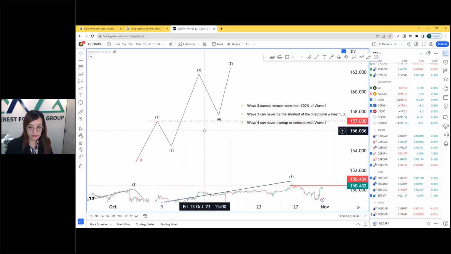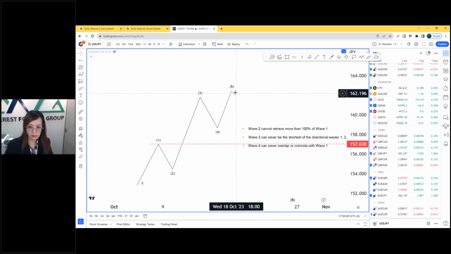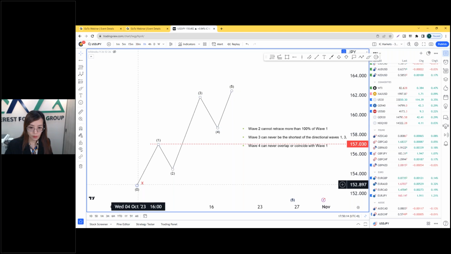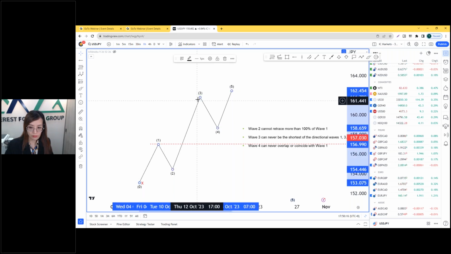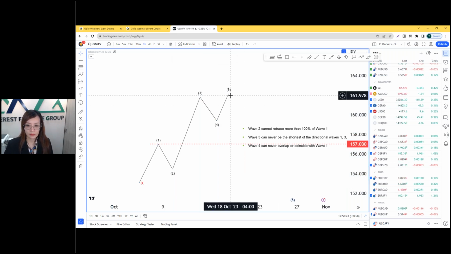Let's say wave 4 is like this. I have a question: let's say this is wave 1, 2, 3, and wave 4, and wave 5, like that. Do you think it's considered Elliott wave?